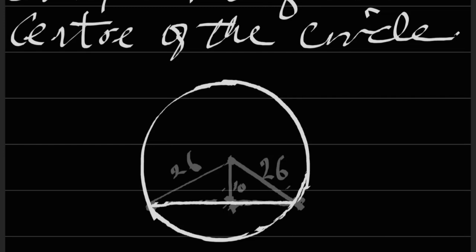Let's get the radius. Of radius 26. So this is the center. This is the radius 26. If the chord is 10 centimeters from the center of the circle, so from this center down to the chord is 10 centimeters.